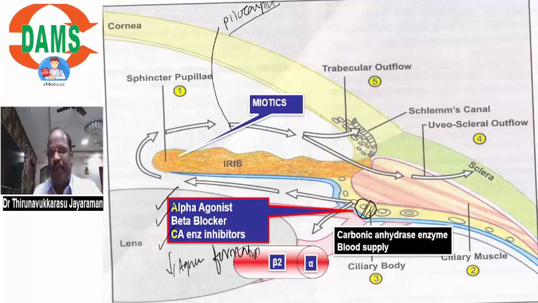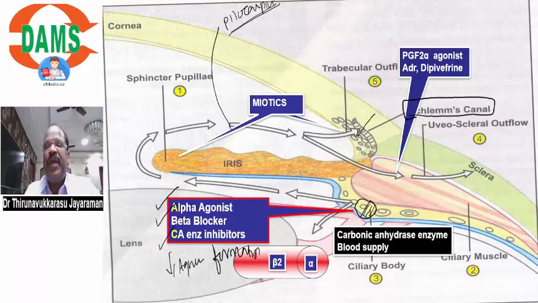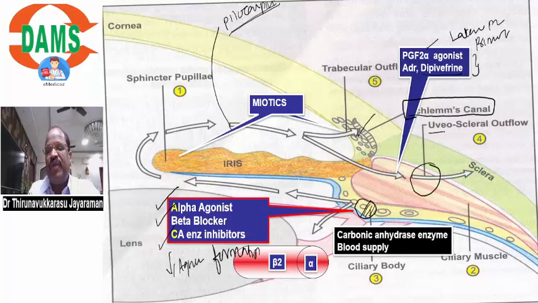That drug promotes the drainage of aqueous via the trabecular route. And then we have PGF2 alpha analogues like latanoprost or bimatoprost, or adrenaline, dipivefrine. Dipivefrine is a prodrug of adrenaline. These act by promoting drainage of aqueous via the uveoscleral route. So PGF2 alpha agonists, dipivefrine, adrenaline promote uveoscleral drainage.